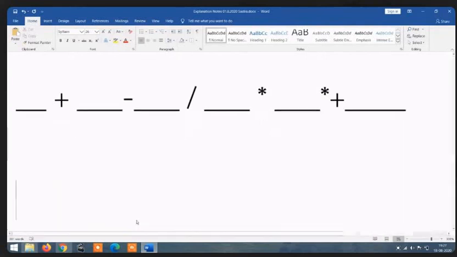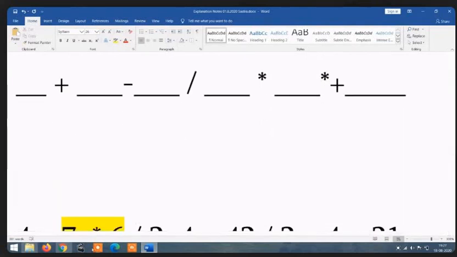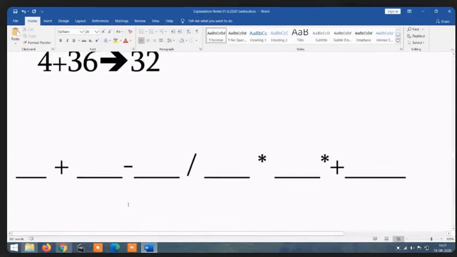Correct? This should now all this should equal. Yeah, you have 6 dashes and 5 symbols, right? All this should equal. So you have to have 6 numbers here. All this should equal 0, right? So am I right? This is the question, right? Yes, plus minus division. Yeah, correct.